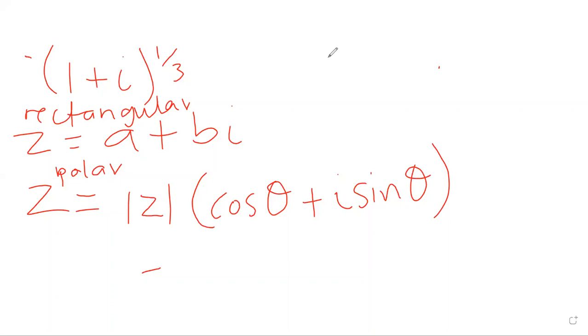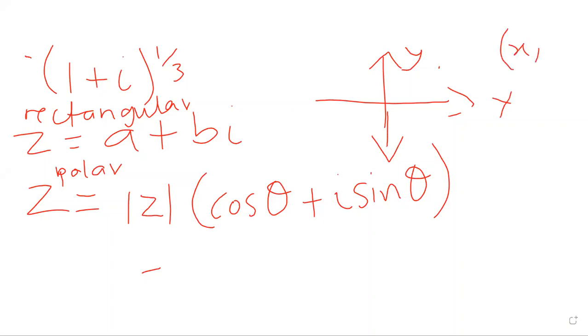Someone is asking why a plus bi is called rectangular, and why it is distinguished from the polar form. It's rectangular because it's exactly like the rectangular coordinate system we've been using, where if this is x and this is y, any point can be expressed as x comma y.